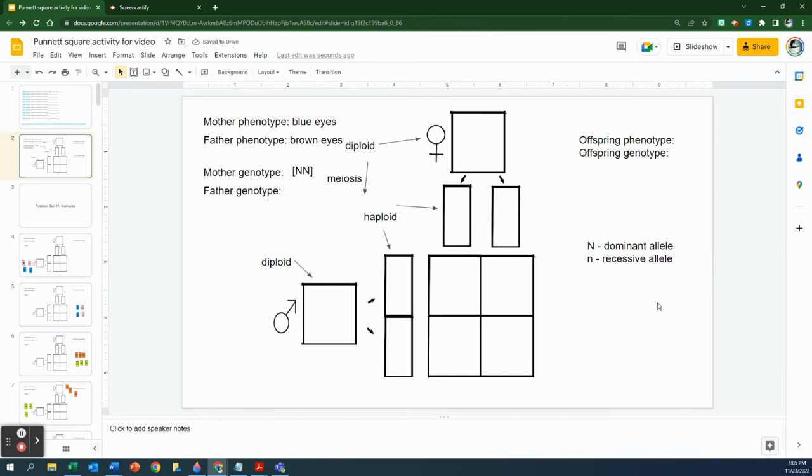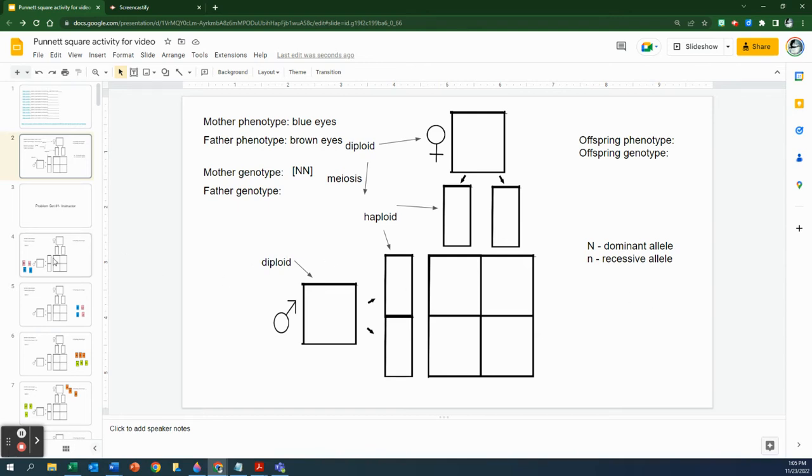The dominant allele is the one where you just need one. So you have two genes each time, right? And you only need one of the dominant allele in order to have the dominant trait expressed. So in order to ever see the recessive trait, you have to have two little letters, two lowercase letters.